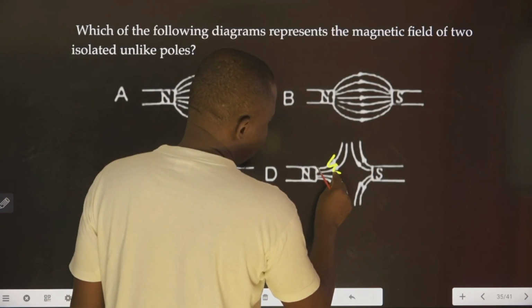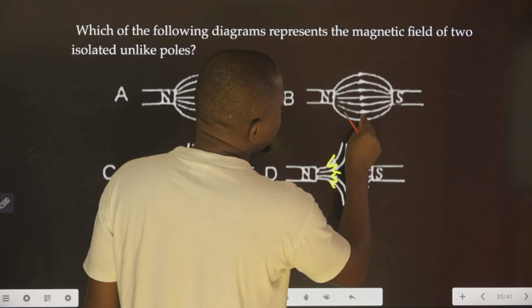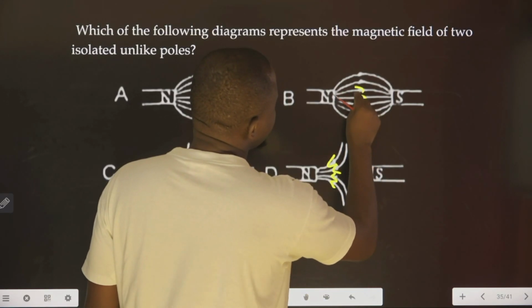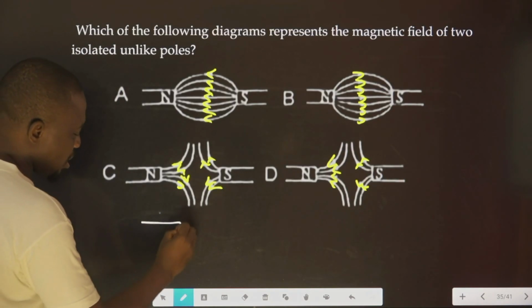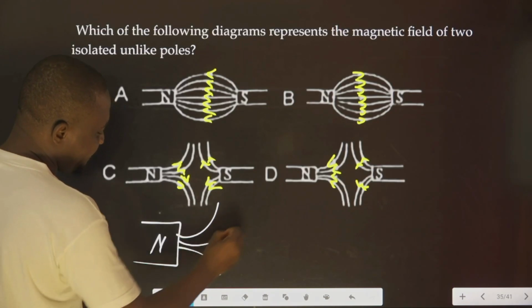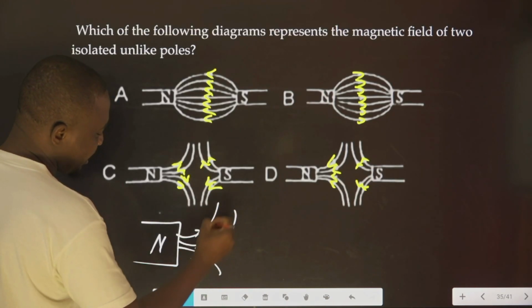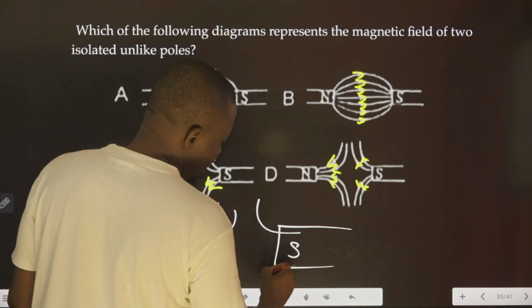So what you should know is that as far as the North Pole is concerned, the magnetic field will be emanating from there. Why? Because the South is a collector.